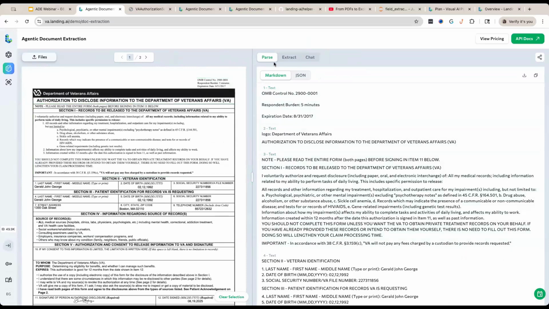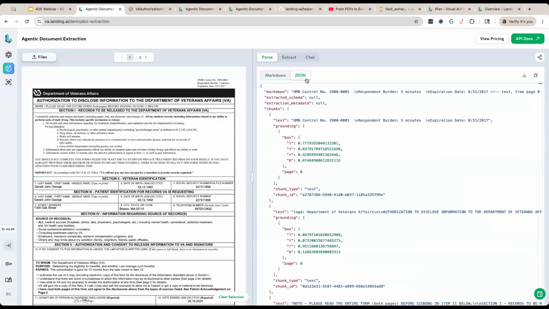A lot of times in these systems, you are going to want to store and feed that full payload so that you can index and work with the content later. We have that available in two different formats, both the Markdown and the JSON. The JSON importantly includes the location information of where that information is found in the document, so if you need to showcase that alongside your search index, you can.